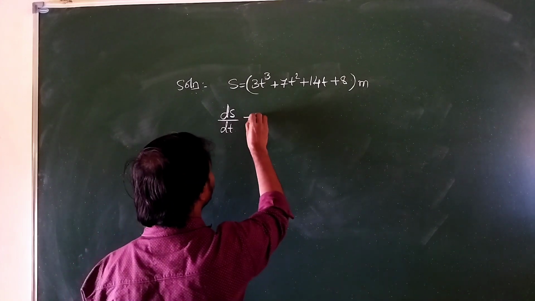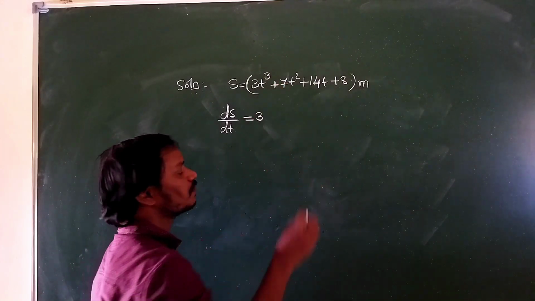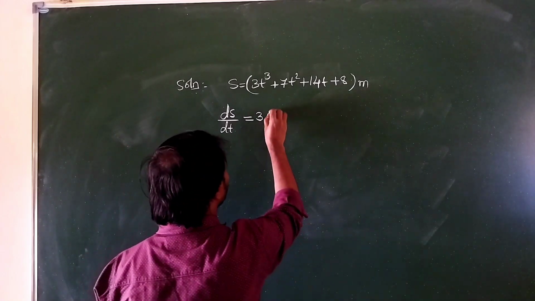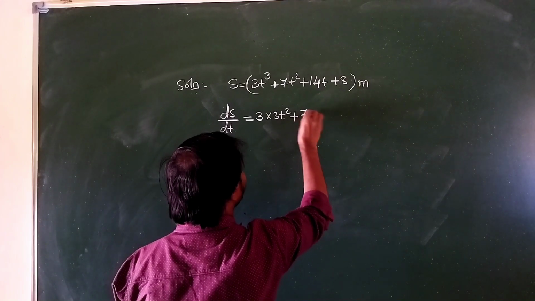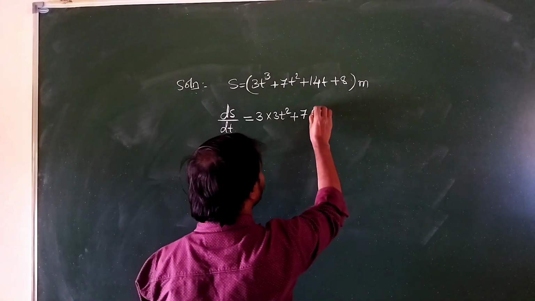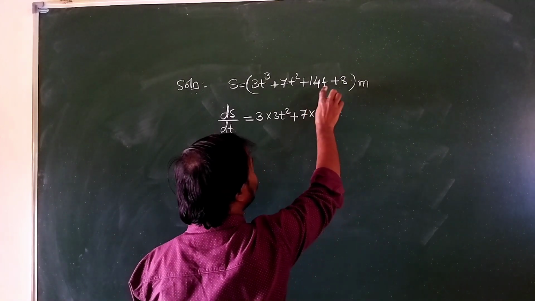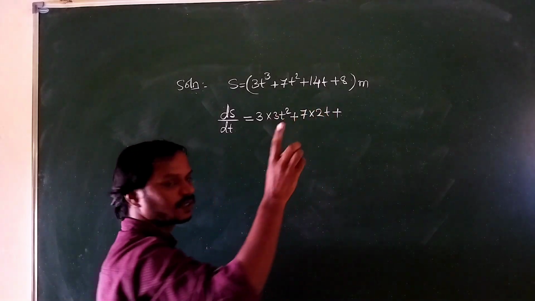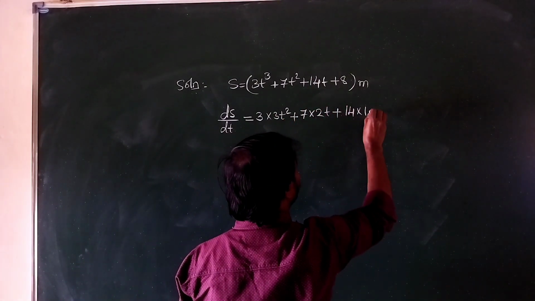Now that is equal to 3 into differentiation of t^3 with respect to t, that is 3t^2. Plus 7 into differentiation of t^2 with respect to t, that is 2t. Plus differentiation of 14t, means differentiation of t with respect to t is 1, then it is 14 into 1.